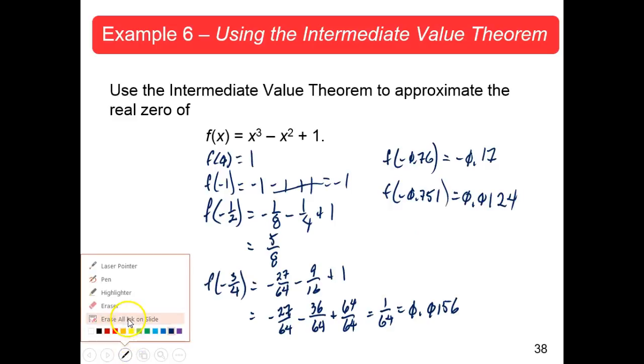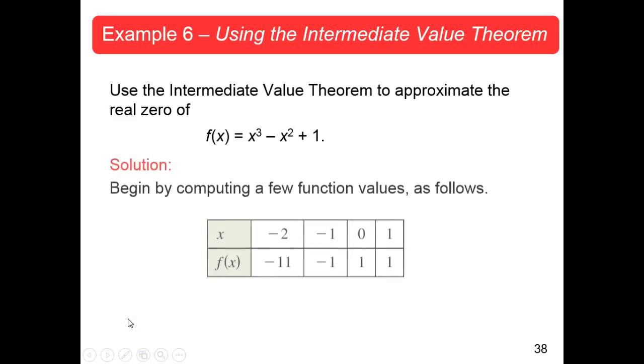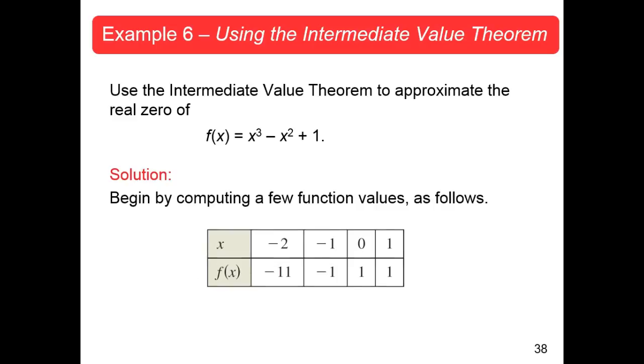We're going to erase all this ink and see what they did. Begin by computing a few function values as follows. And they started with -2, silly them. That was a hard number to do. That gave you -11. -1 gave you -1. We found that. 0 gave us 1. Well, then why even mess with 1? The zero is somewhere between -1 and 0.